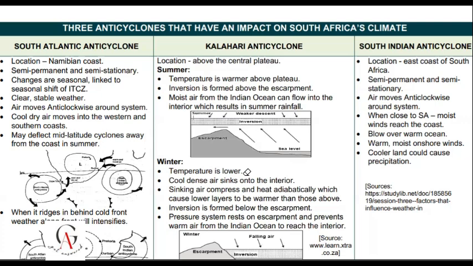Or basically, before we look at the inversion layer, let's look at the concept of the inversion. The inversion is basically the reversal of the normal temperature profile within the troposphere.